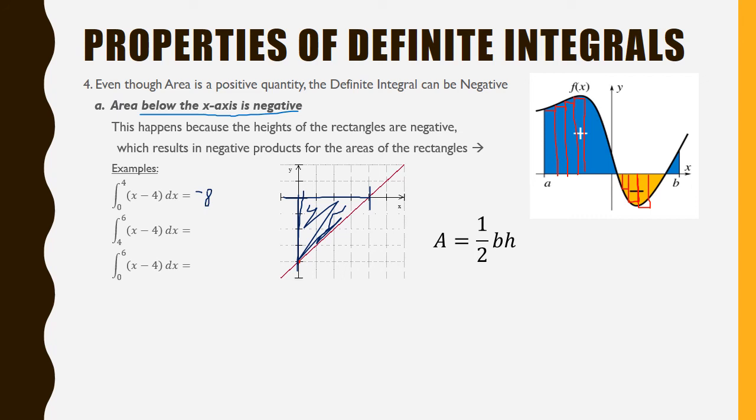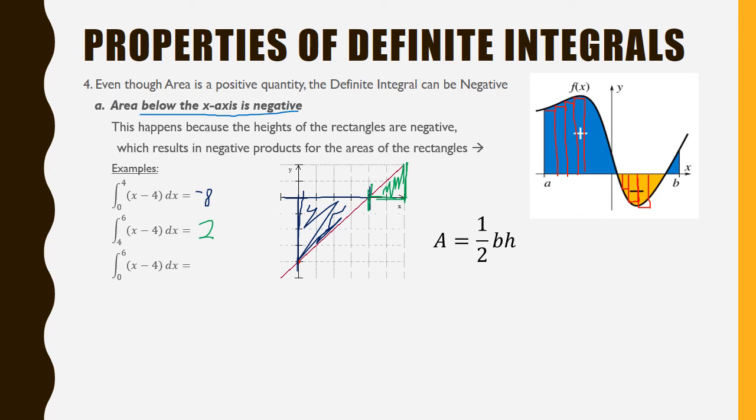On the other hand, the area from 4 to 6, so here's 6, is here, and there's the x-axis as our boundary, so this area is above the x-axis. And again, using my triangle area formula, 2 times 2 is 4, divided by 2 is 2, and this time this area is positive because it's above the x-axis.